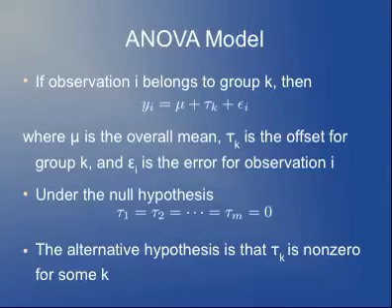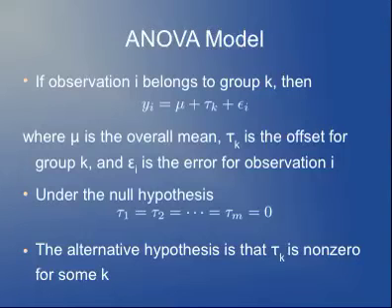So, the ANOVA model, I'll write on the next couple slides. It isn't too crucial that you remember all these details, but it's a good idea to know basically what's going on here. The basic ANOVA model is, say we have a bunch of different groups, and the observations are indexed by i, the groups are indexed by k.